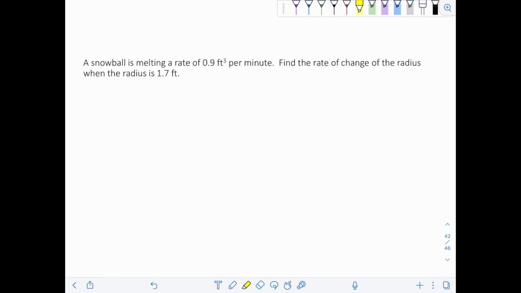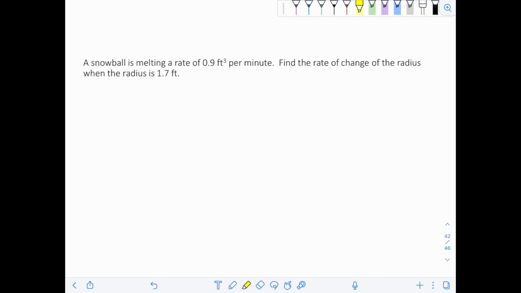Now let's look at one more application where we're not originally given the equation. So for this one it says a snowball is melting at a rate of 0.9 feet cubed per minute. Find the rate of change of the radius when the radius is 1.7 feet.